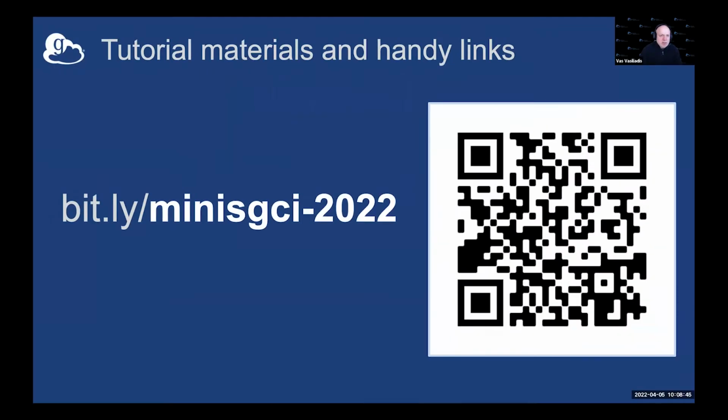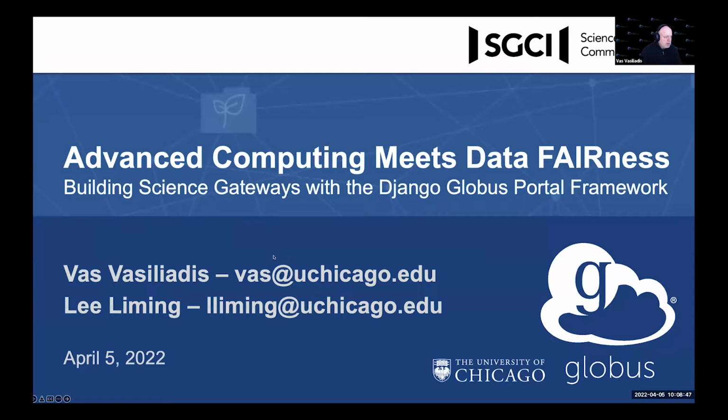Okay, so let's jump in here. The title is Advanced Computing Meets Data Fairness. The reason we titled it that way is because we're starting to see these two things coming together very naturally in the context of science gateways.